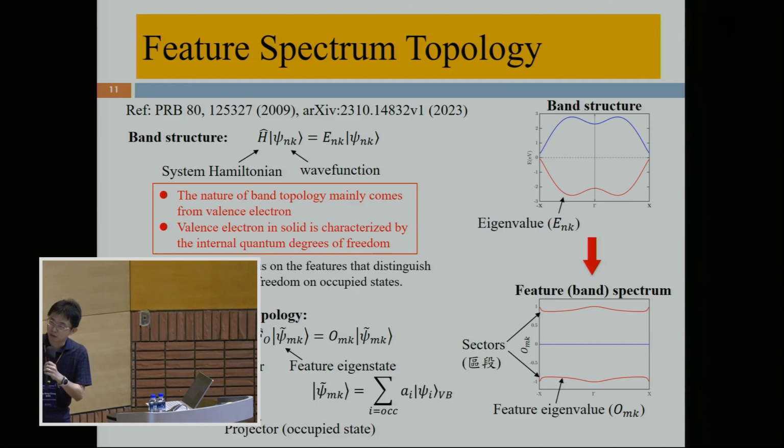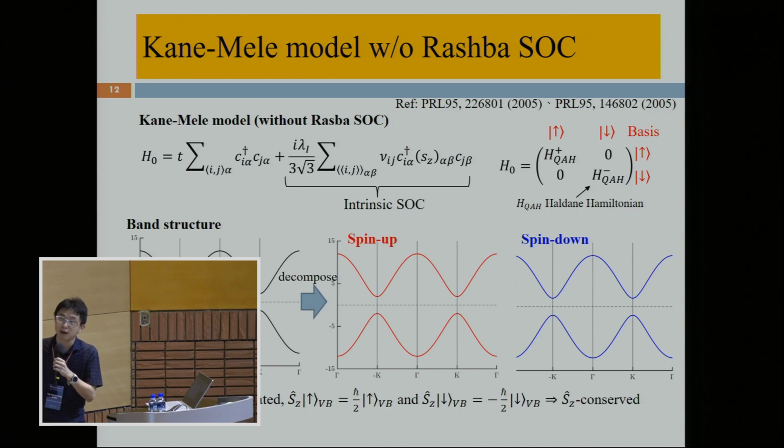So this panel is the typical result of the feature spectrum. These lines are the feature eigenvalues, and these two areas we call sectors. Therefore, we can use the feature eigenstates of these sectors to define the topological invariant number and then identify the topological phase transitions. So let me show you some examples.